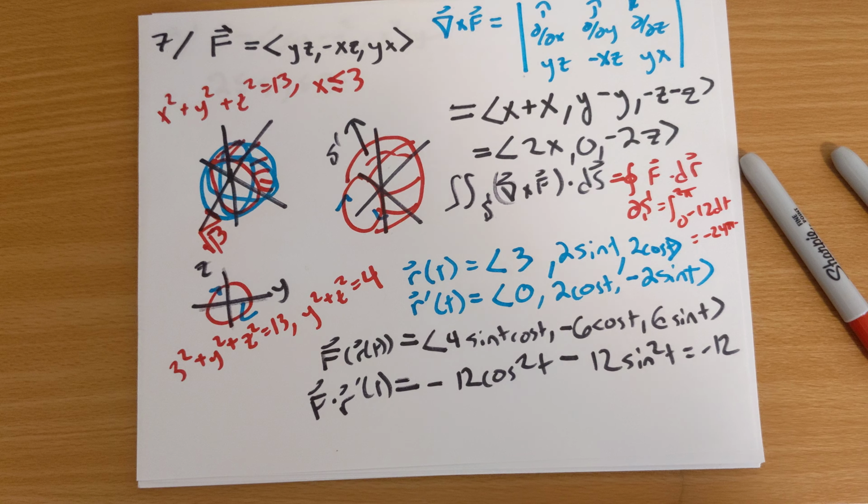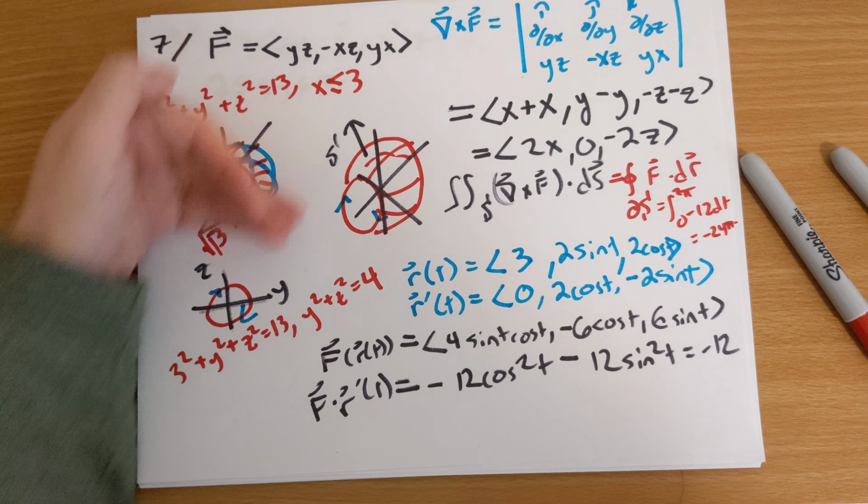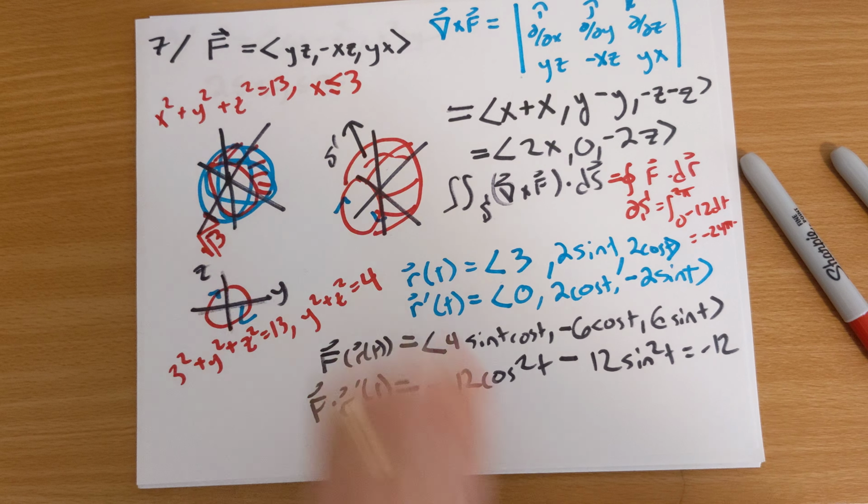For part C, let D be the portion of the sphere, x squared plus y squared plus z squared is equal to 13, where x is at least 3, this side of it. So it's the missing part of the sphere right here. Find the flux of the curl of f through D with respect to the outward pointing unit normal vector field.